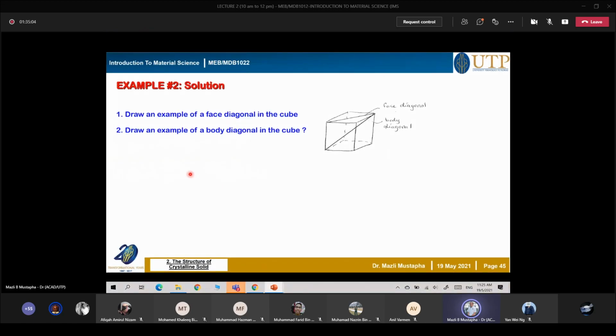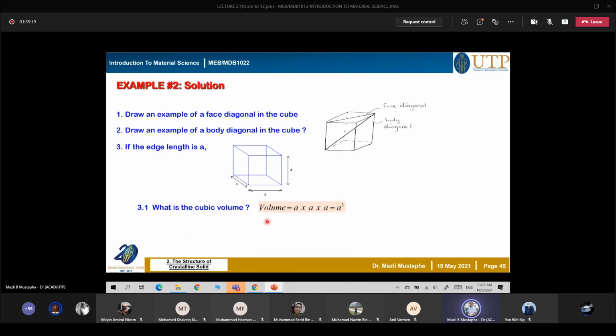If the length is A, it's simple mathematics. What is the cube volume? Again, this is just repeating. The volume is A times A times A, A cubed. And what is the length of the face diagonal?